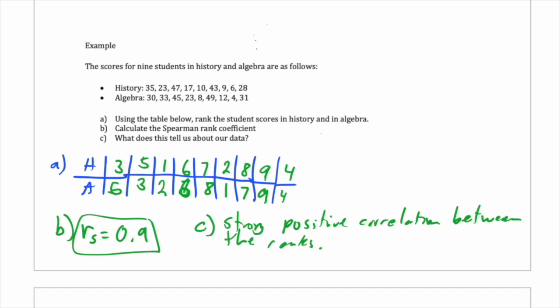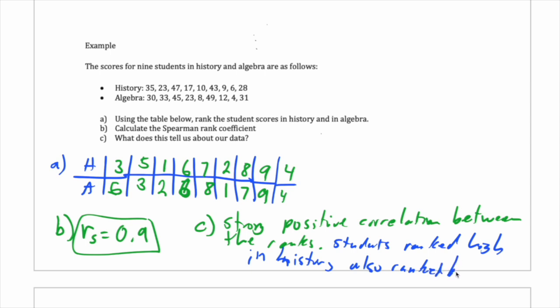This means that students who ranked high in history also ranked high in algebra. All right, so we got a very strong positive Spearman's rank correlation coefficient.